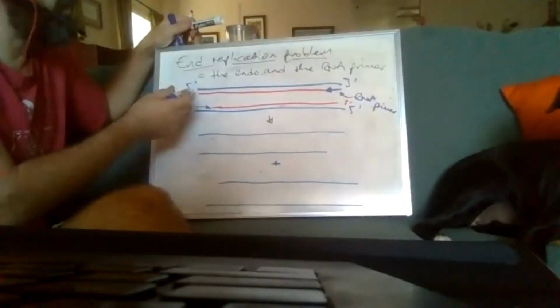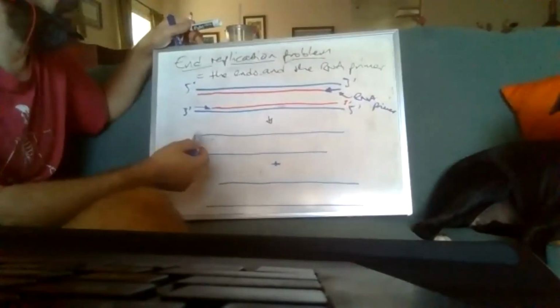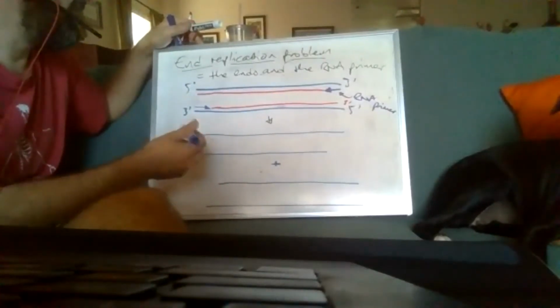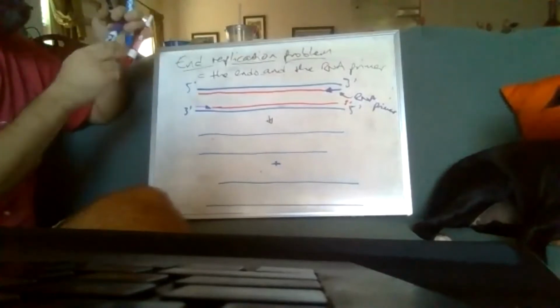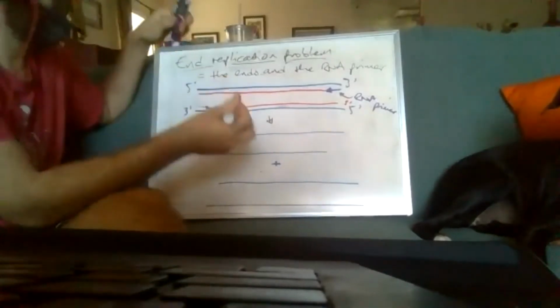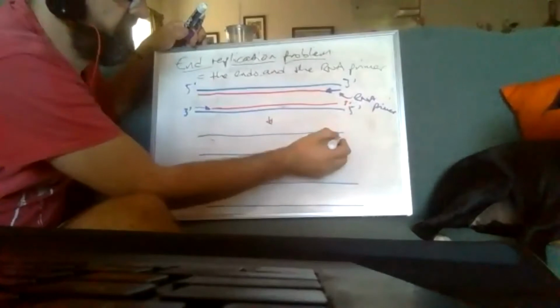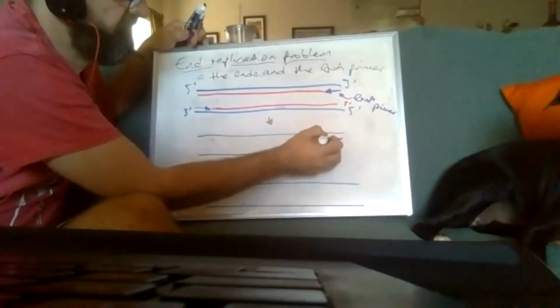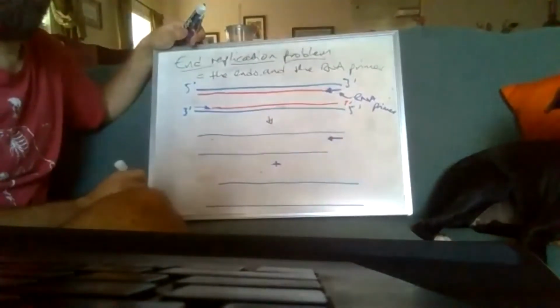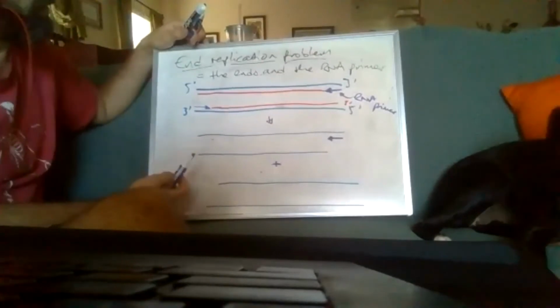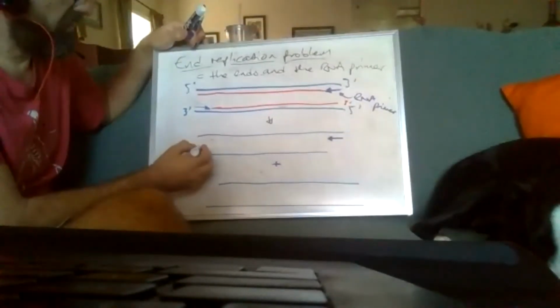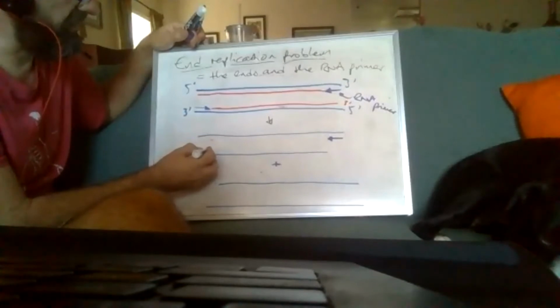Where red is basically the new DNA, so that's why it's all blue here. And you're going to repeat the whole process again. So you're going to have another RNA primer, but now you have an RNA primer here again.